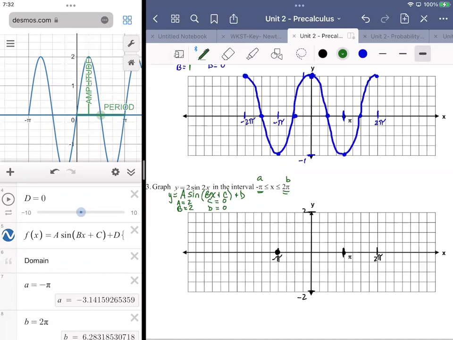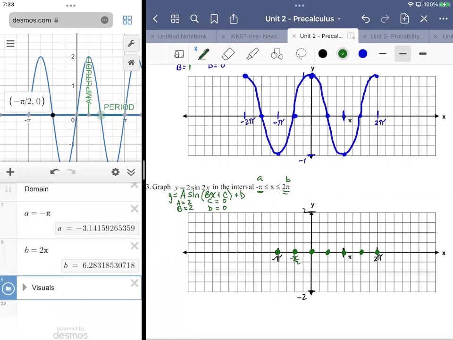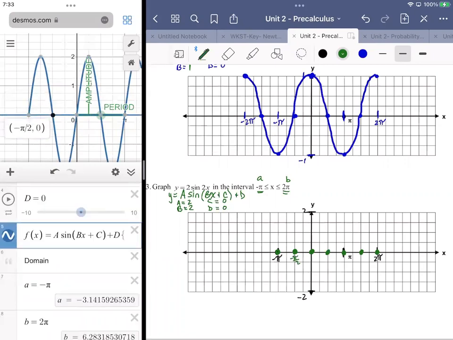So I know between 0 and negative pi, I'm back to the midline. So it looks like every 2 points, I'm on the midline. So I can get all those in there. And it looks like in between, I'm alternating between maximum and minimum. So between negative pi and this one here, which is negative pi over 2, directly in between those two, I'm at the maximum.